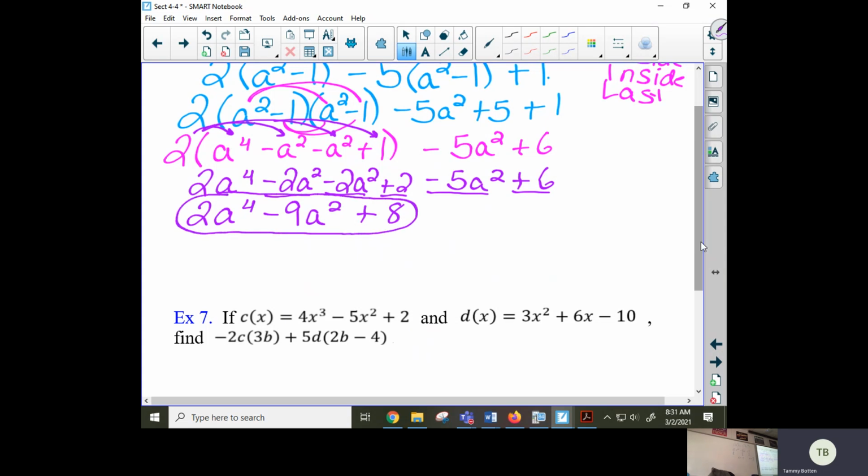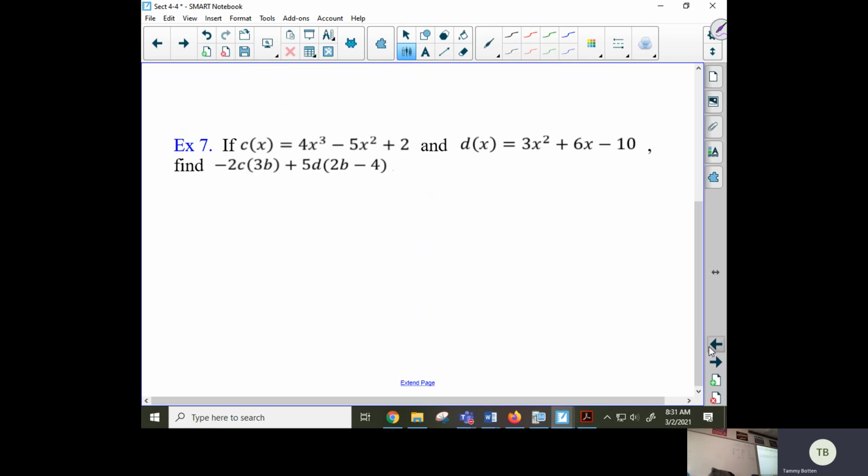So like I said, this one is the worst thing I think we do today. It's just that you kind of have 2 problems going on together and you're adding them together. It's just really easy to make a mistake. So you have to be careful of that. And like we have an x cubed here, so this can get a little bit ugly. So here we're going to have a negative 2 outside of our c, okay?